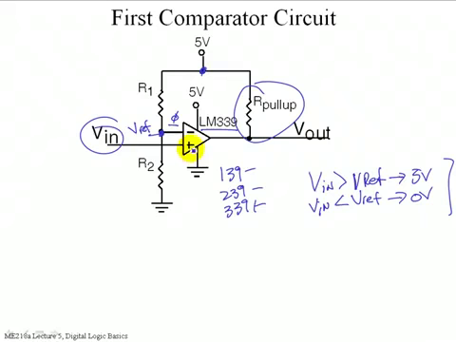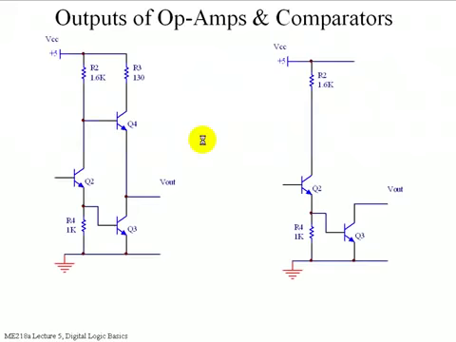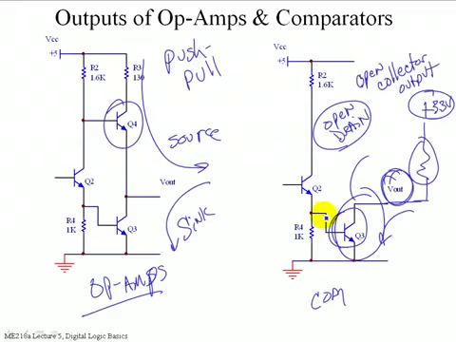No, if Vin is larger than Vref, the device is going to try and drive the output high. But because it's got an open collector output, all it can do is turn off that sinking transistor. All it can do is turn this device off, which it's going to do. That's what it does in response.